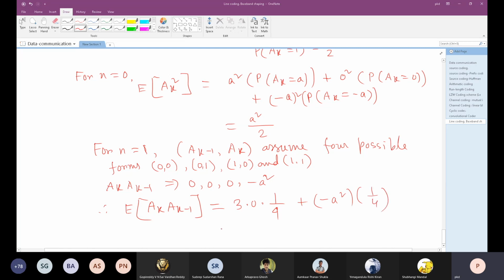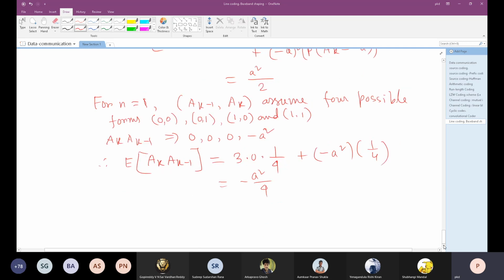So this is equal to minus A square by 4. So for n greater than 1, AK minus n equal to 0.